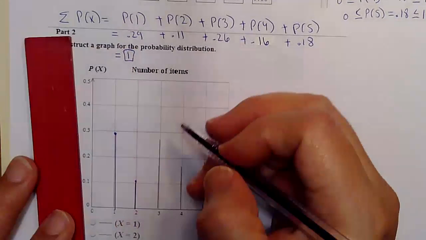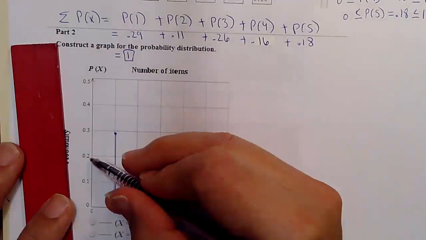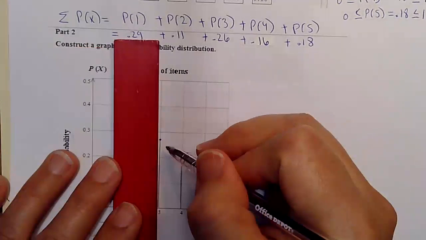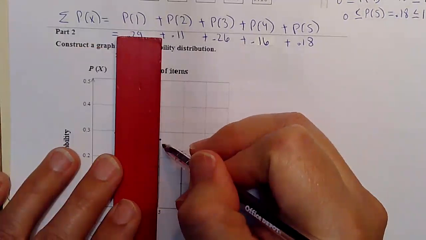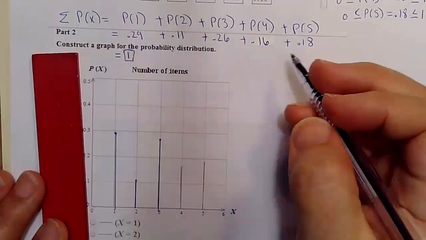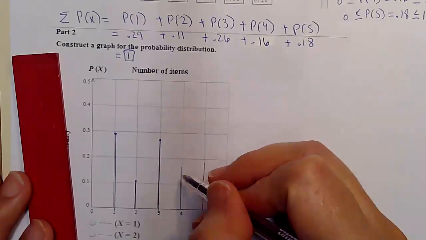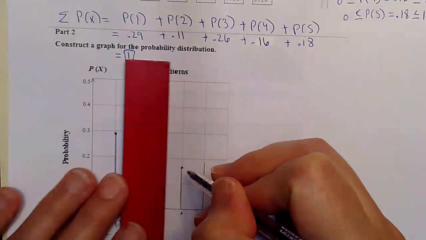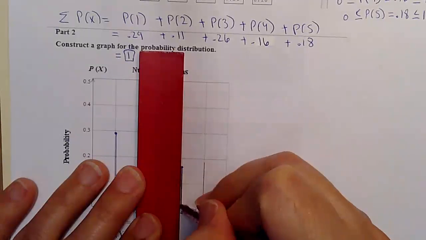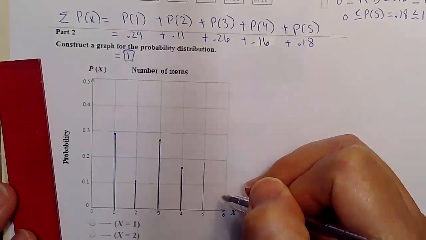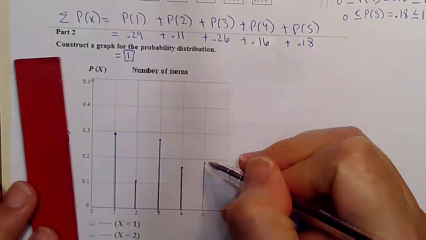So here's 20 cents and 30 cents, so they put it about right there. And then P of 4 is 16 cents, so put about right here. And then P of 5 is about 18 cents, so they put about right there.